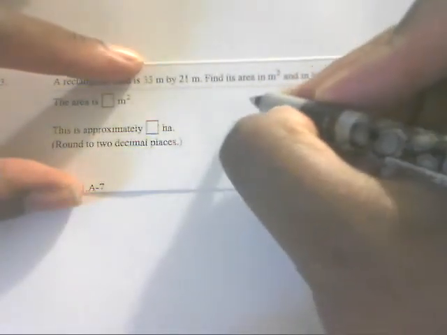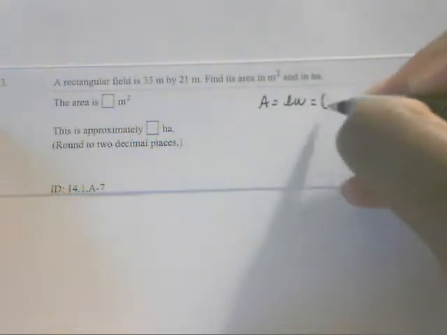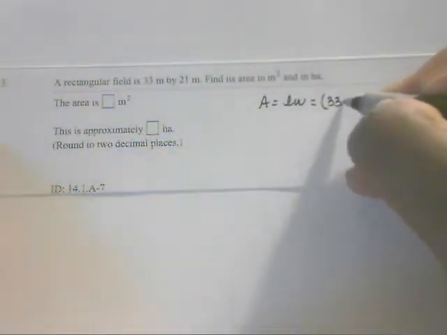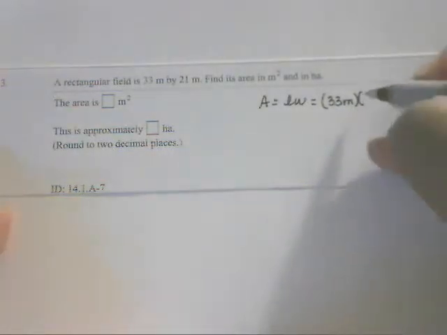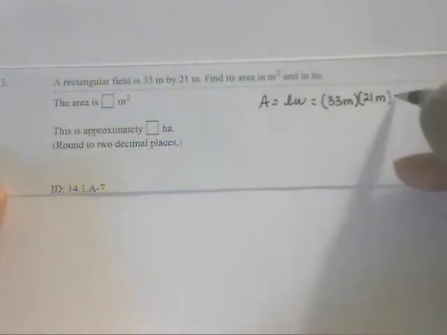Okay, the area of the rectangular field, or the area of any rectangle, is always length times width. Okay, so here the length is 33 meters. We're going to multiply that by the width, which is 21 meters.